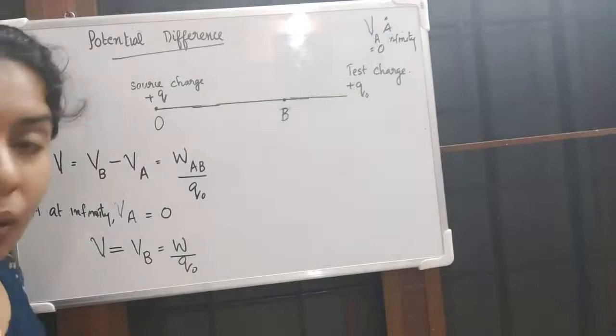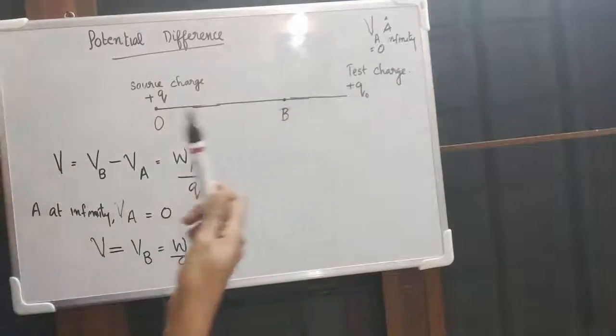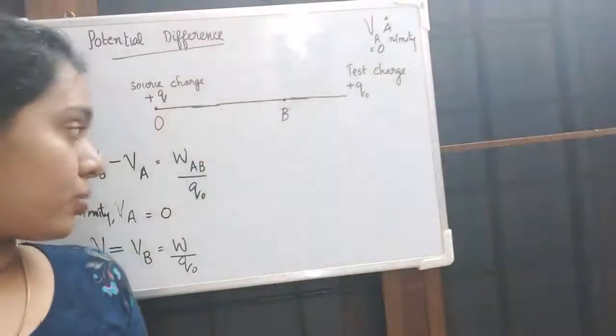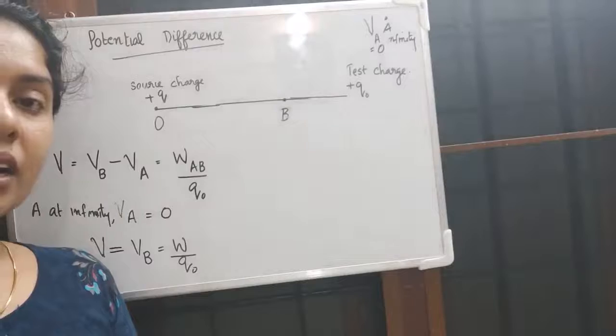It is the amount of work done in moving a unit positive charge from infinity to a point against the electrostatic force. And in this case also we can define 1 volt.